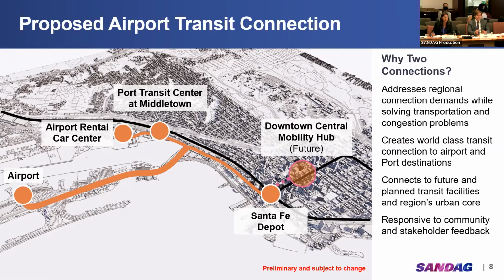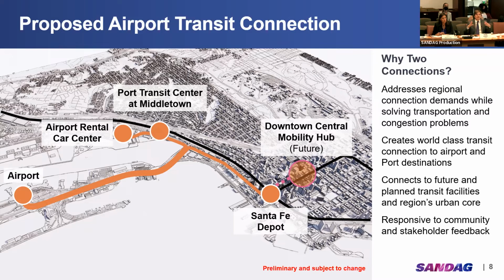Well, I certainly think that's true. I think people who are downtown, whether they be conventioneers or people doing business downtown, they certainly will probably want to do that. But we see the Central Mobility Hub as a lot more than that.